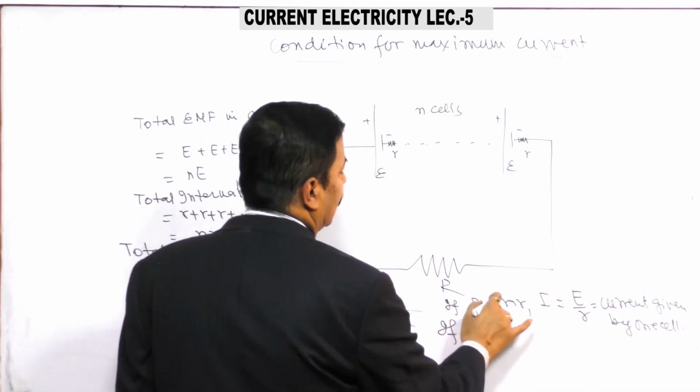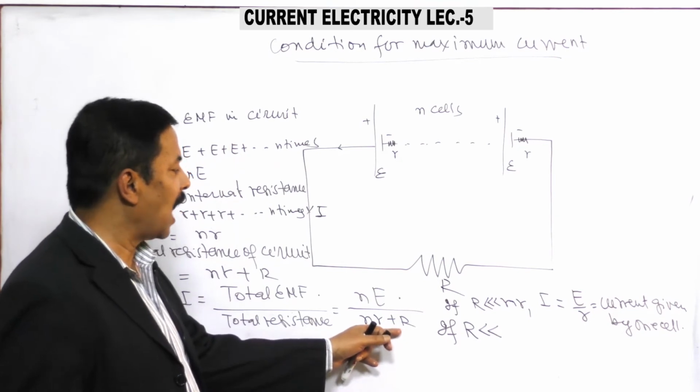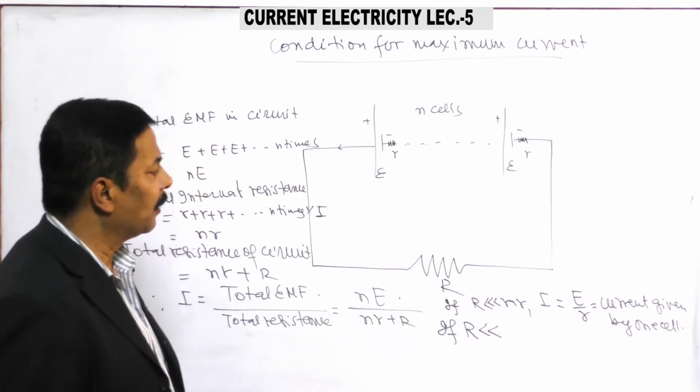If R is less than r, then we will neglect R. So total current will be the current given by one cell.